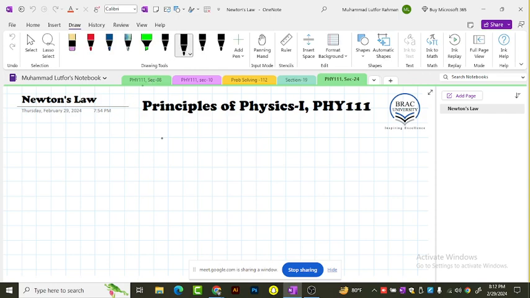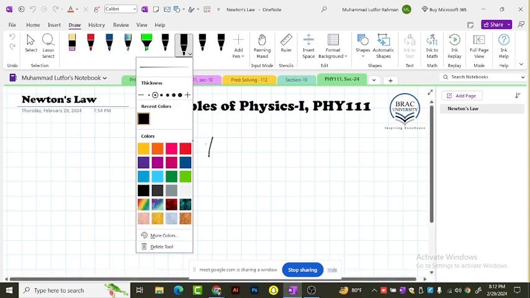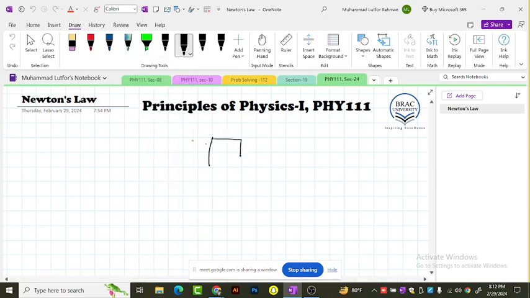Let's say I have an object on a surface. It's a frictionless surface. Remember, we're going to talk about this one, which has a mass m, and I'm going to drag the system by applying a force F, which makes an angle theta over here.